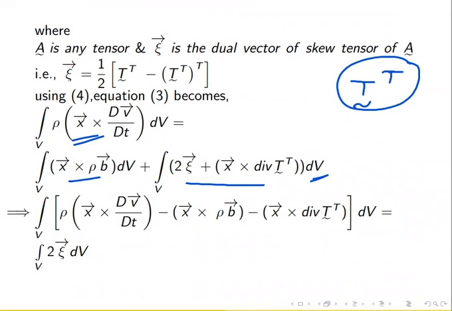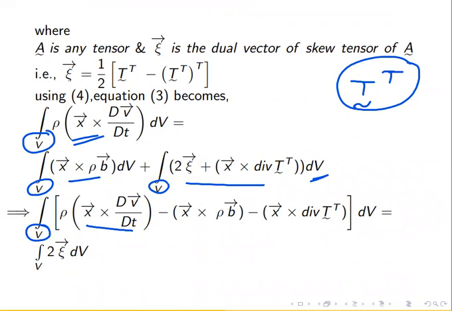So now we have, on the LHS the volume integral, on the RHS the volume integral, right? Two terms are the volume integrals. Now what we do is we'll take these x cross things to one side, on the LHS. So on the LHS, the volume integral, we have rho x cross dv by dt.